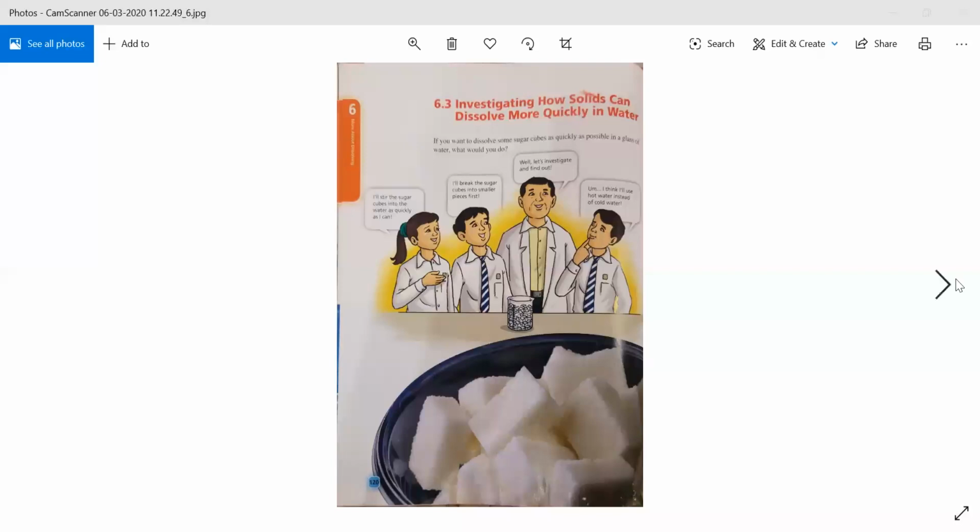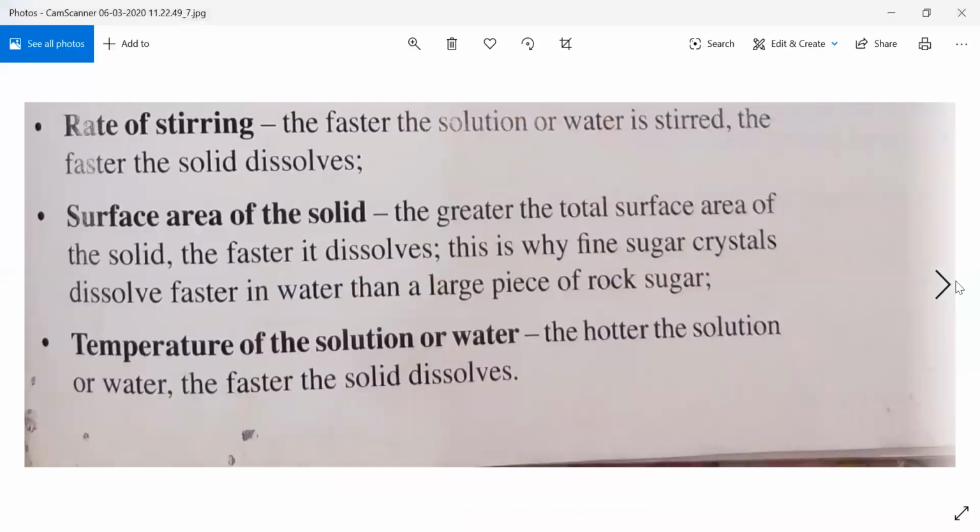Moving on to page number 121. Rate of stirring. There are three factors by which we can dissolve a soluble solid as quickly as we can. First of all, rate of stirring.